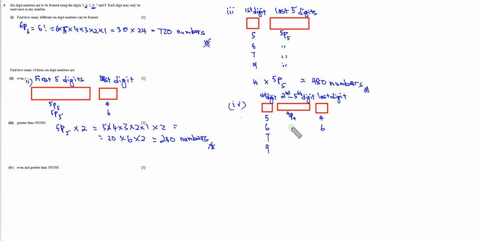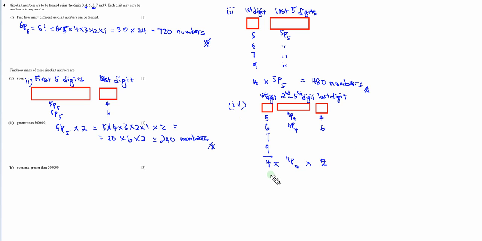So it's 4P4. So the first digit, there are 4 choices. The last digit, there are 2 choices. So it's 4 times 4P4 times 2.